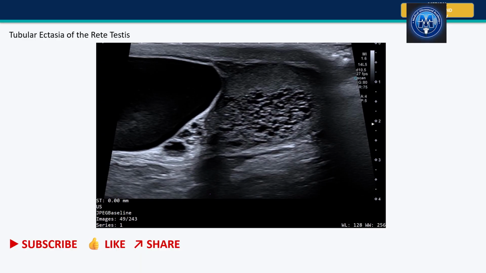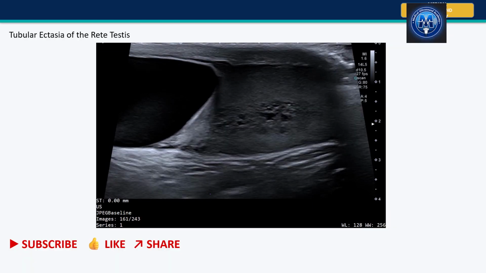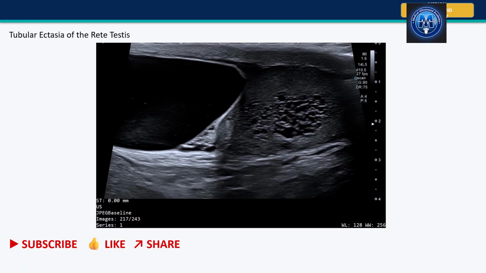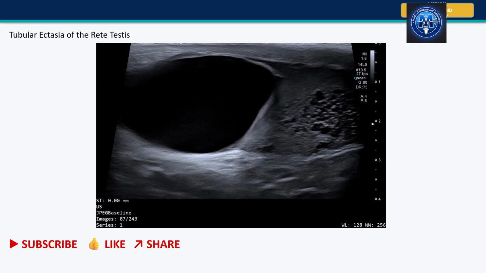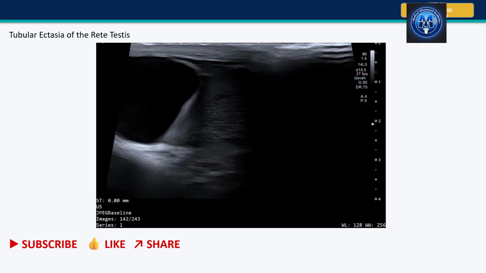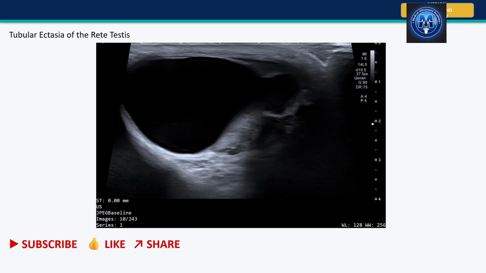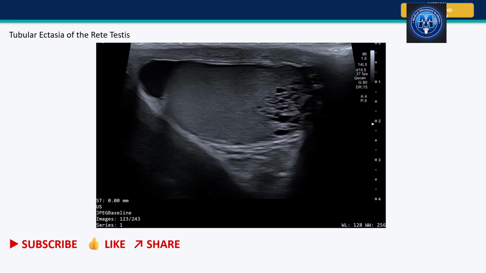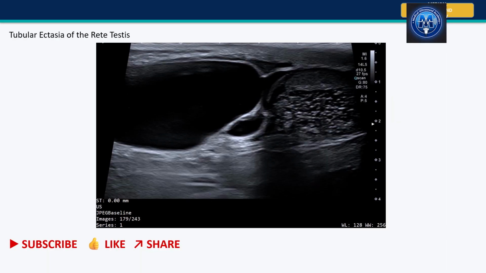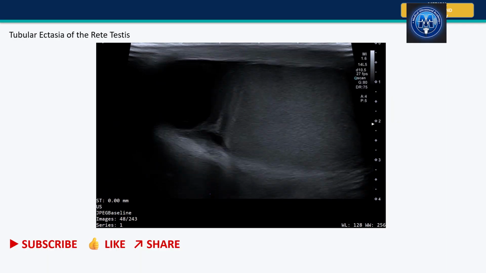So remember to check the rest of the inguinal canal when you're doing a scrotal ultrasound. Otherwise, you're going to miss the encysted hydroceles, like this one.